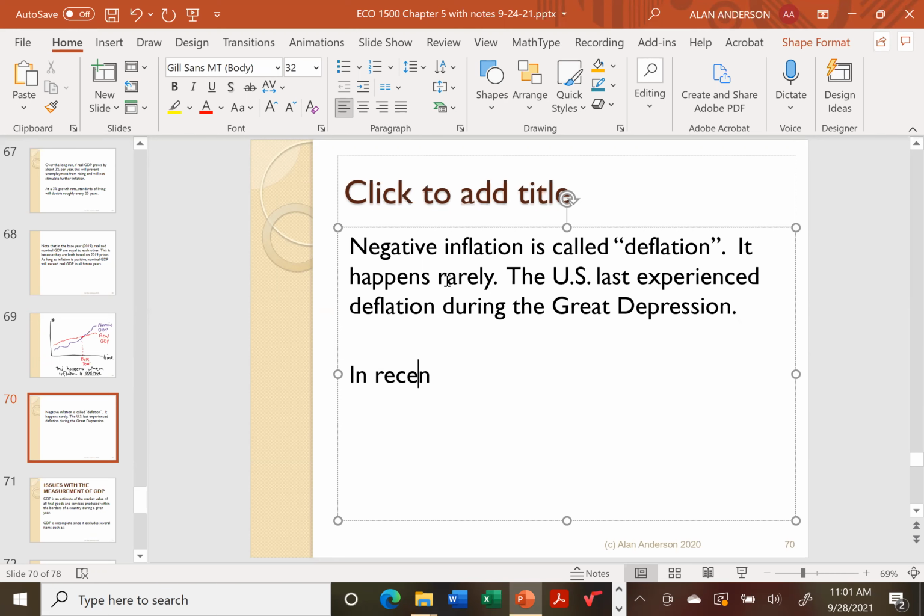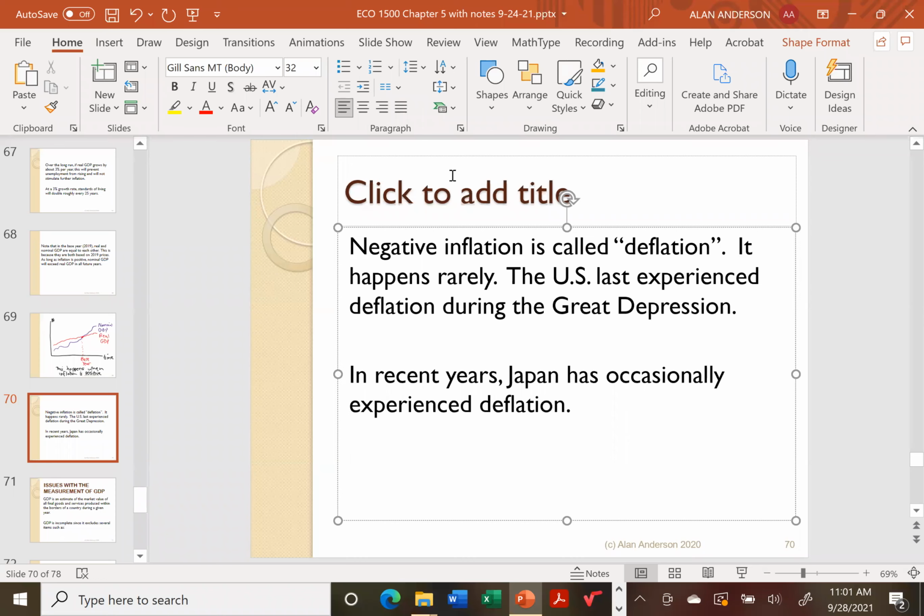In recent years, Japan has occasionally experienced deflation. Now, of course, it's not surprising. Their inflation rate is so close to zero that occasionally it dips into negative territory, but their inflation rate usually hovers around zero. And so once in a while, it slips into negative territory. But for the most part, throughout the world, it's very unusual to have deflation.